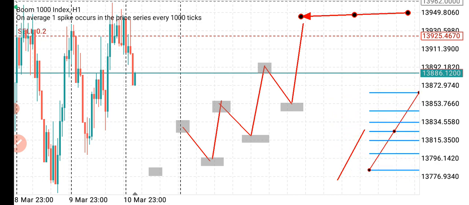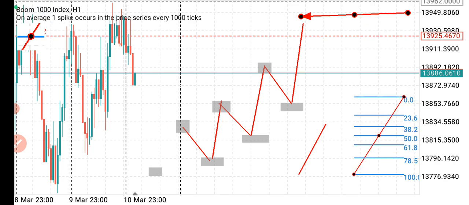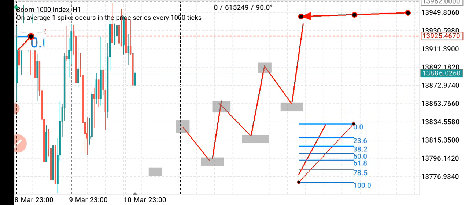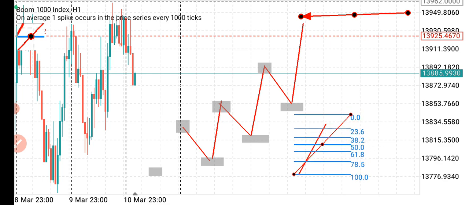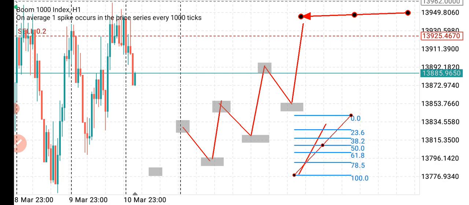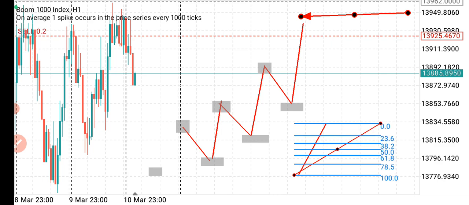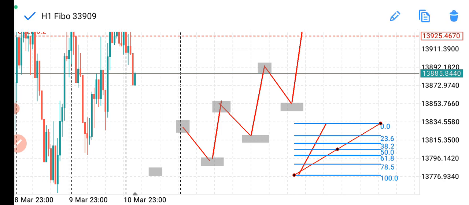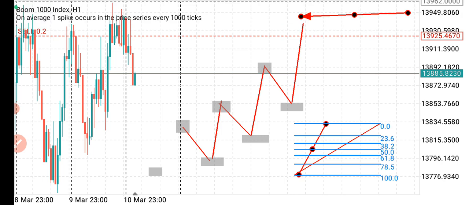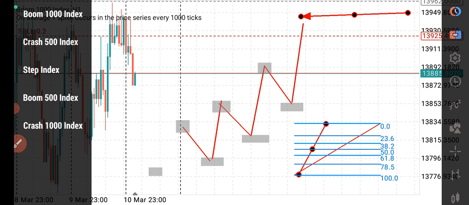You draw the Fibonacci tool on the range where you want to fib. Okay, if you are placing it, you do it from body to body or from wick to wick. So now it is clear. We have fibbed the range.